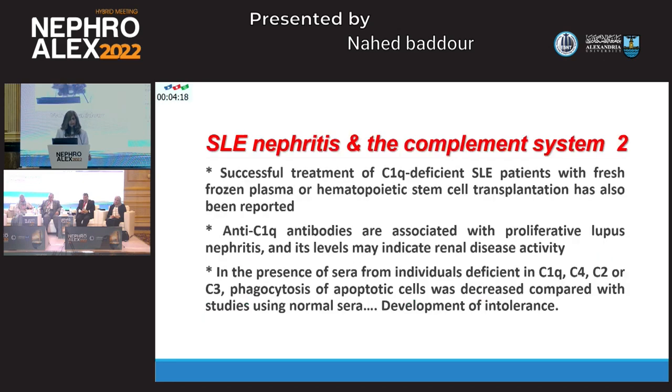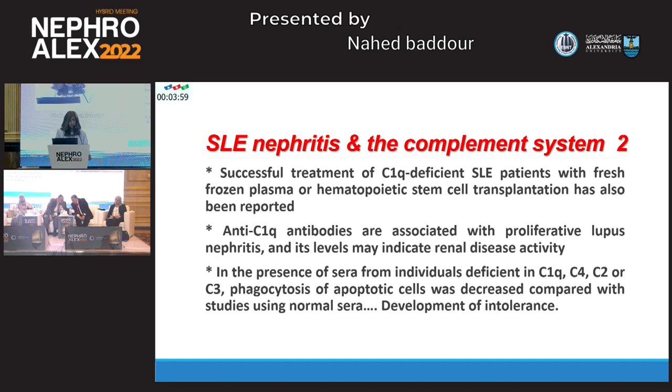Successful treatment of C1q deficient SLE patients with fresh frozen plasma or hematopoietic stem cell transplantation has been reported. Anti-C1q antibodies are associated with proliferative lupus nephritis, and their levels indicate renal disease activity.